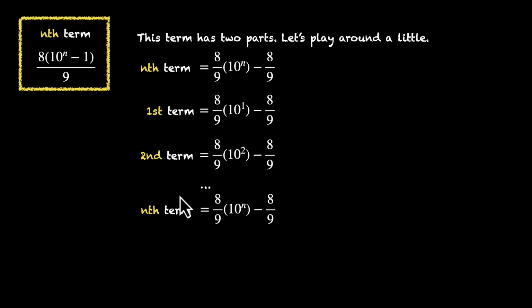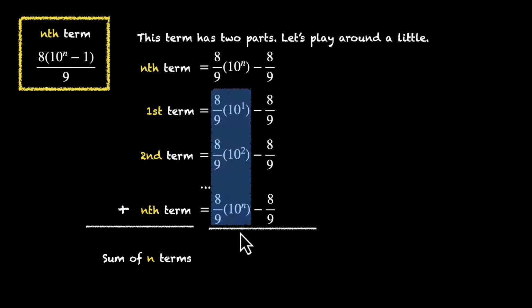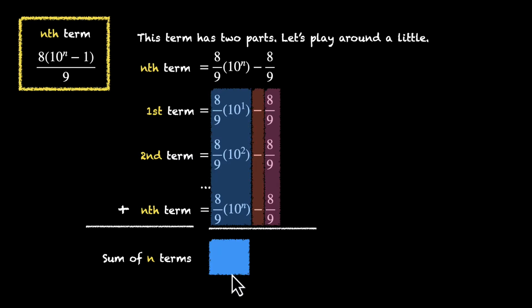Now if we add the first term to the nth term, we'll get the sum of n terms. Let's see what we have. The sum of n terms will be the blue minus the pink. So let's try finding the blue separately and we'll subtract the pink from it.